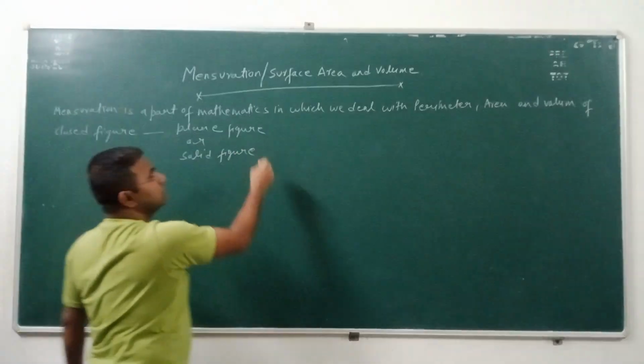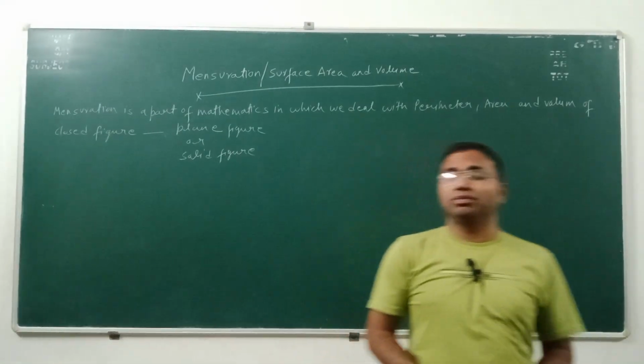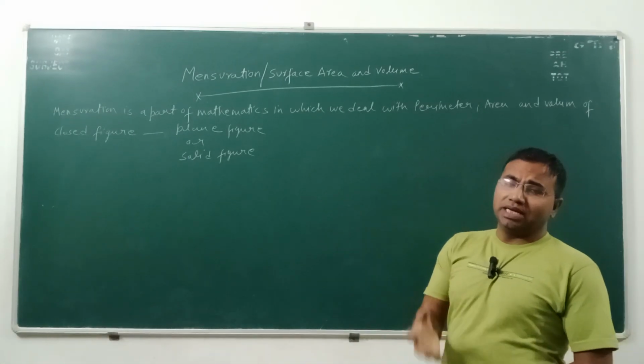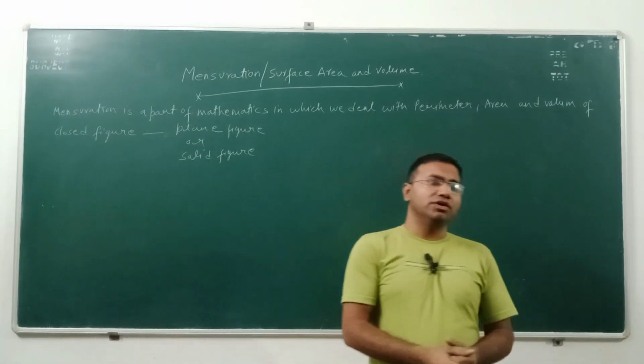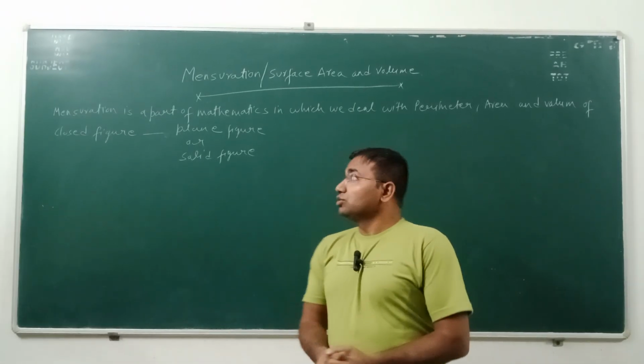Okay, so see here, mensuration is a part of mathematics in which we deal with the perimeter, area and volume of a closed figure or solid figure.